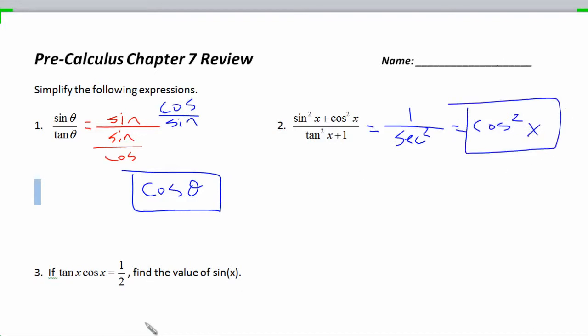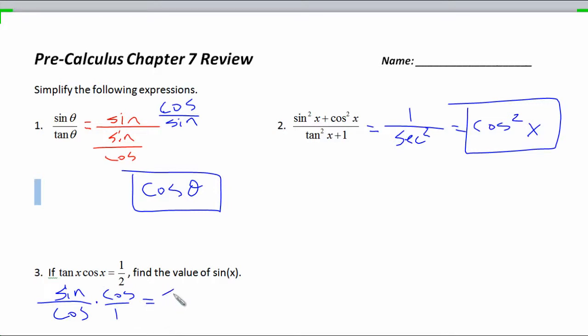Okay, let's look at our tangent of x times cosine of x equals 1/2. I need to find the value of sine. So I'm going to write this in terms of sines and cosines. So tangent x cosine x is actually the sine of x over cosine x times cosine x, and I'll just put that over 1.